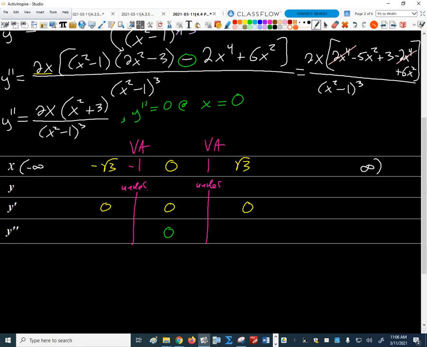Yes or no, can I use the second derivative test at x equals negative square root of 3? Yes or no? So again, my question is, can I use the second derivative test?